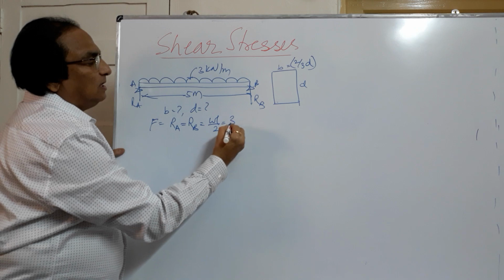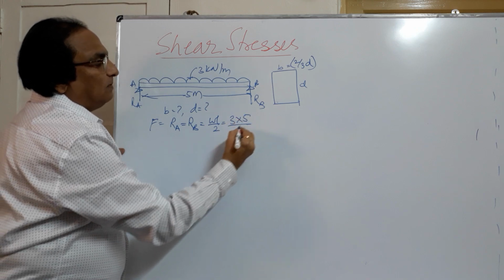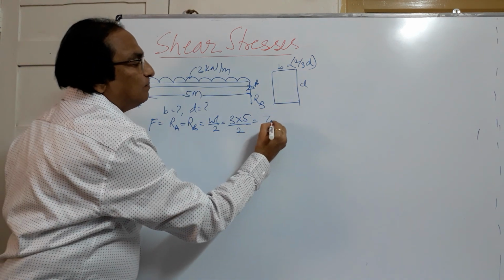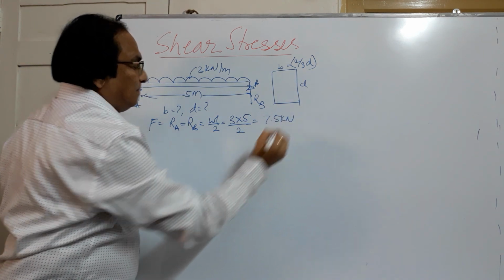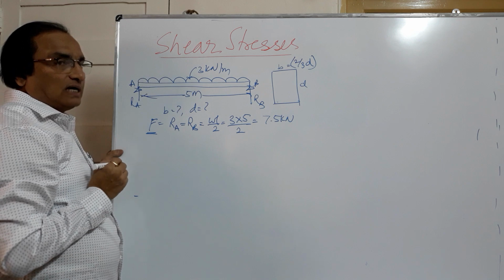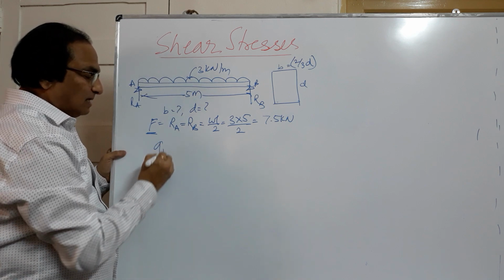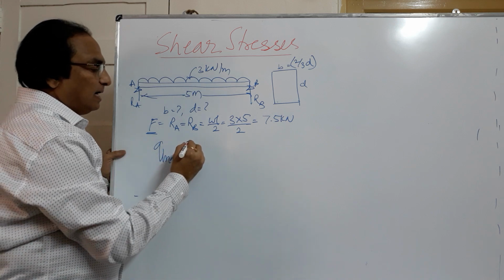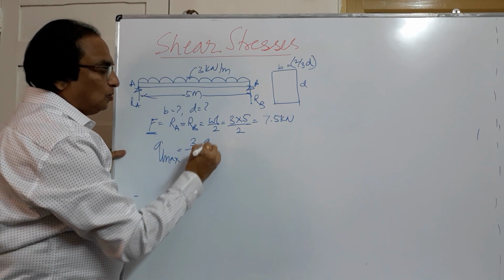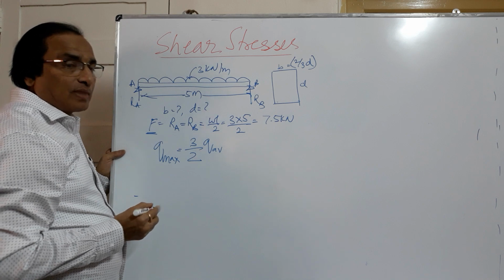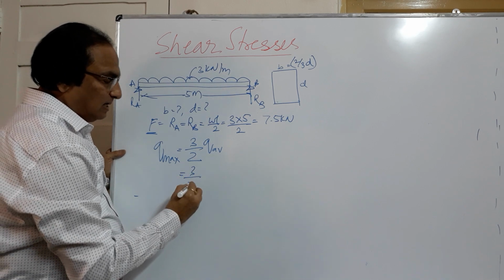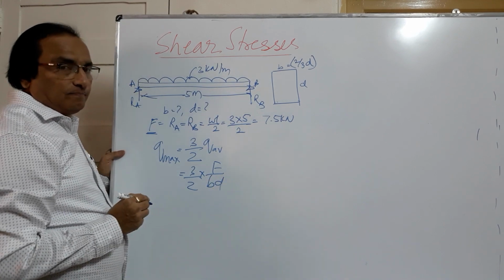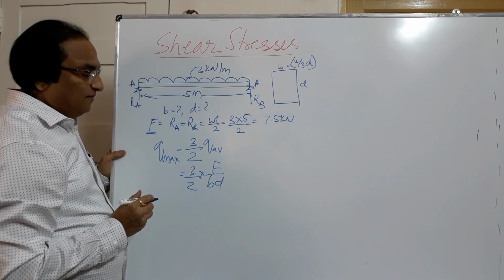So W is 3 into L is 5 divided by 2. So the maximum shear force acting is 7.5 kilonewton. We know the maximum shear stress for a rectangular beam is given by 3 by 2 Q average, and Q average is given by F by B D.